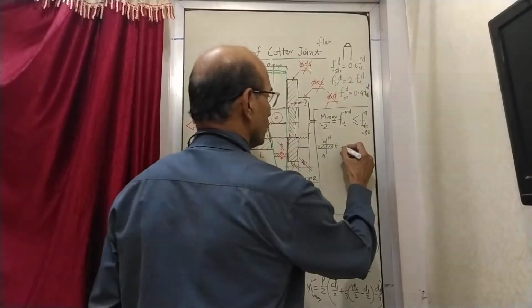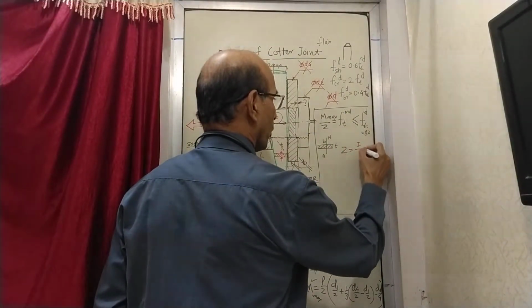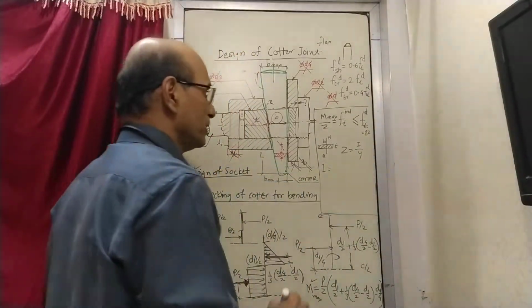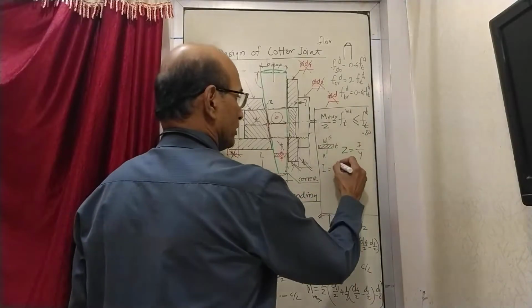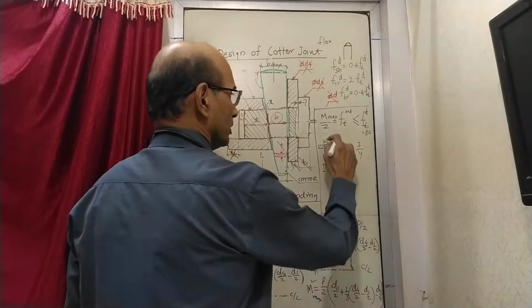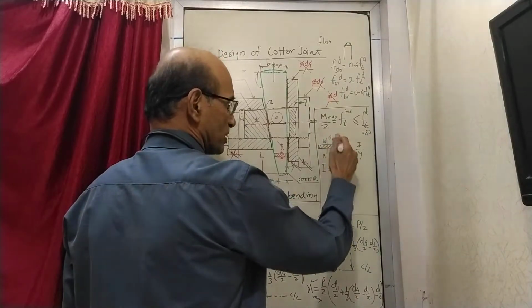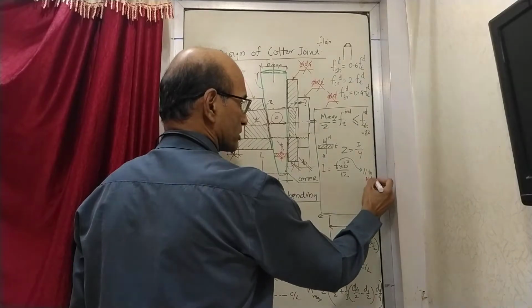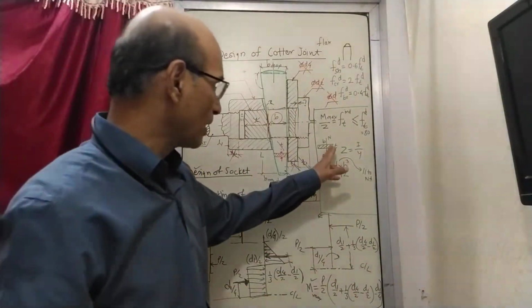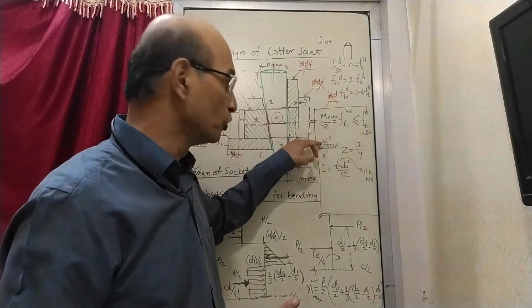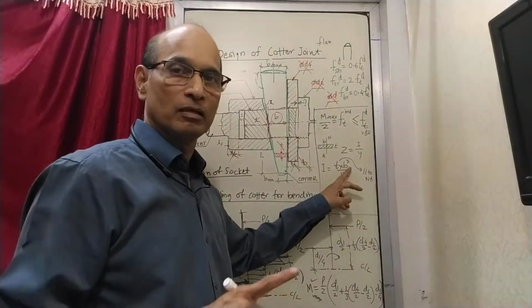So Z is equal to I upon Y. And what is I here? I here is T into B cube by 12. T, the dimension parallel to neutral axis. So the dimension which is parallel to neutral axis is taken once, and the dimension which is perpendicular to neutral axis is taken cube.